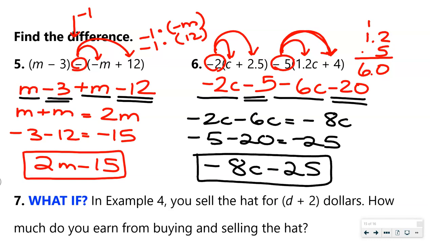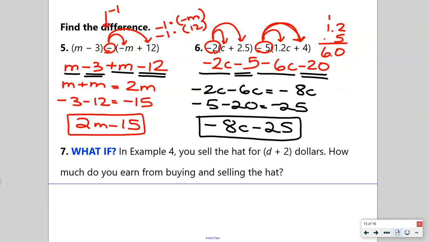All right, this one right here. In example 4, you sell the hat for D plus $2. How much do you earn from buying and selling the hat?